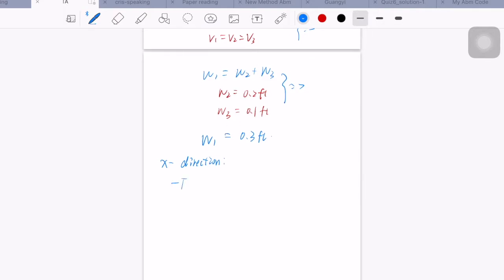So we have minus Fx should be equal to m2 dot times V times cosine 60 degrees plus m3 dot times minus V times cosine 30 degrees, minus m1 dot times V, and we have Fx equals V squared times minus A2 cosine 60 plus A3 cosine 30 plus A1.